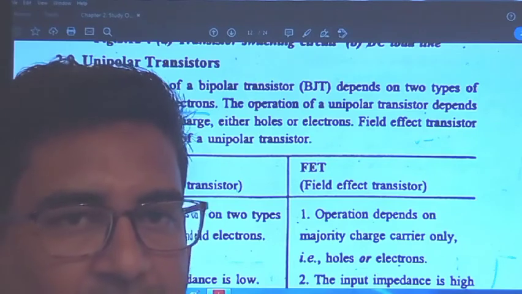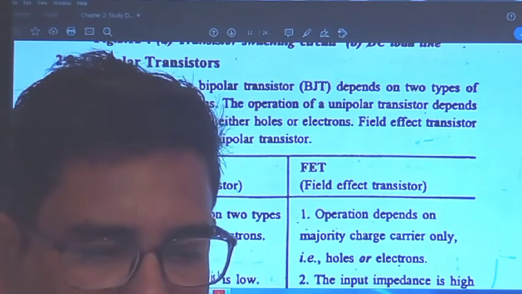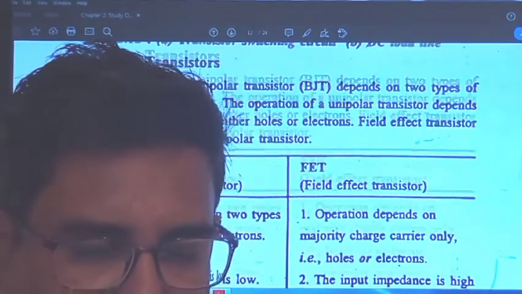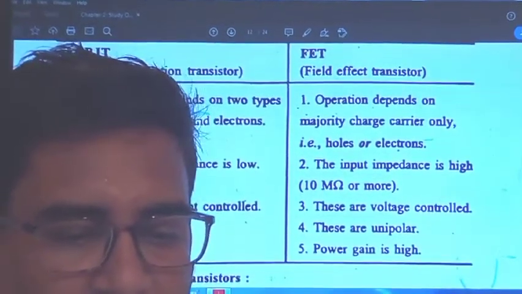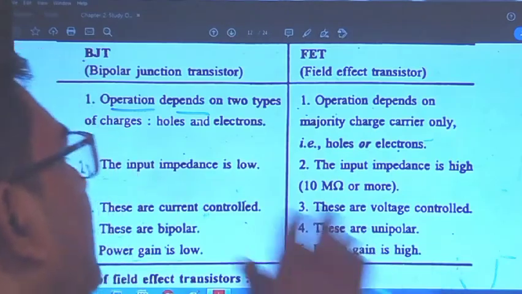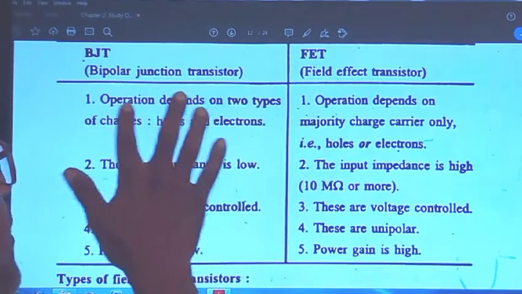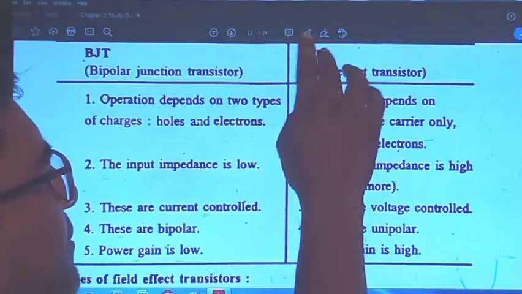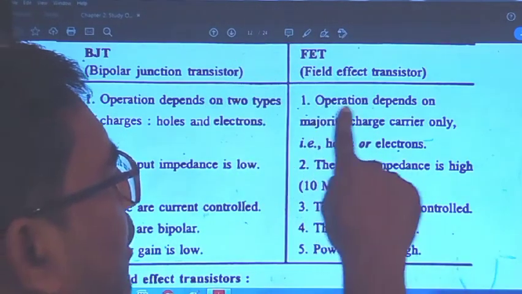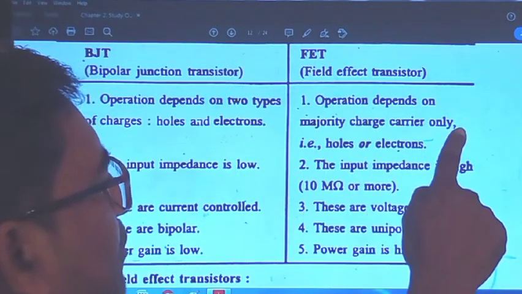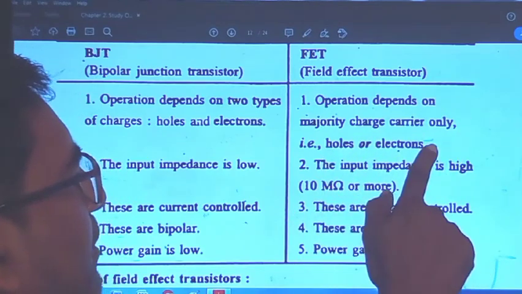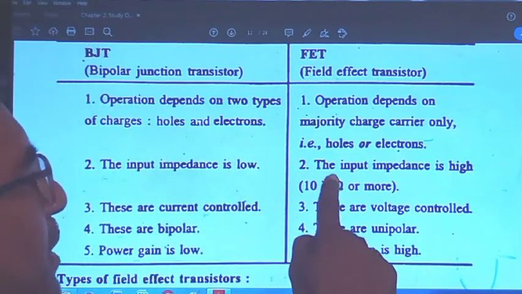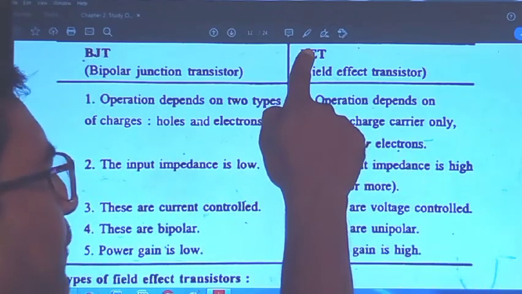FET, field effect transistor. Okay, now we are going to compare the field effect transistor and the BJT, bipolar junction transistor. First, the BJT operation depends on two types of charges, holes and electrons. The field effect transistor, as I told you previously, depends on the majority charge carrier only, either the holes or the electrons. The input impedance is low in a BJT, but the input impedance is high in the FET.